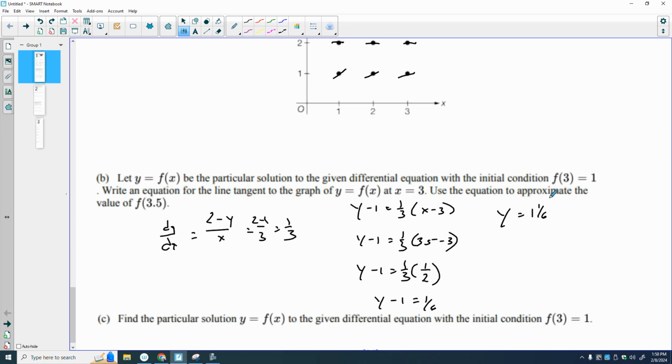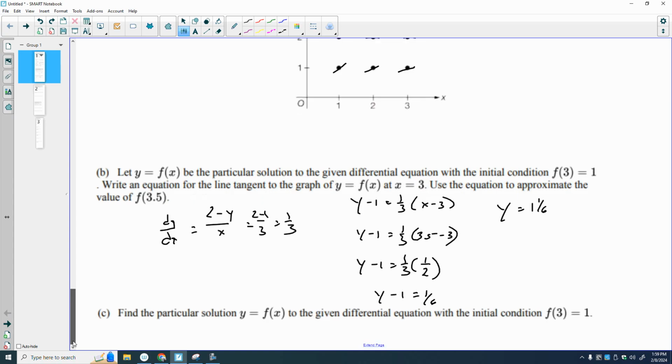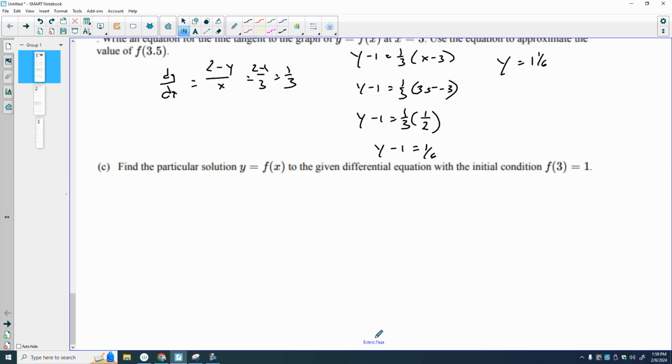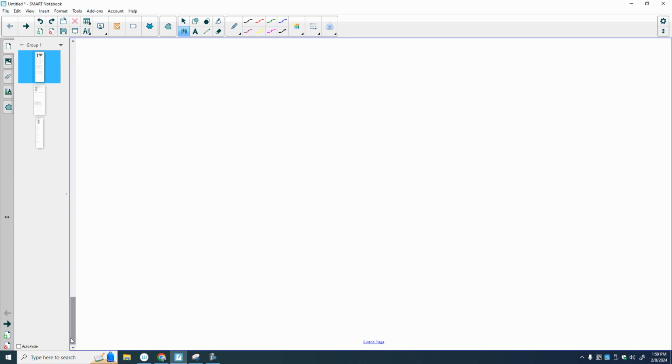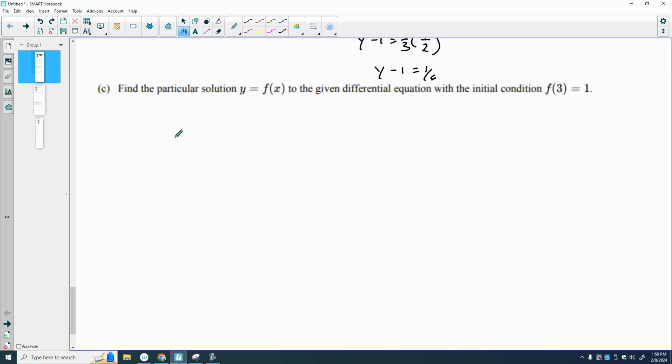All right, question C. Find the particular solution. Slide down here. There we go. Had nothing left of my page. Find the particular solution, doing the exact same thing we just did. My derivative, dy/dx, was equal to 2 minus y over x.